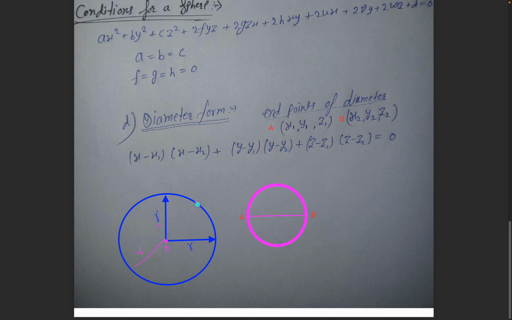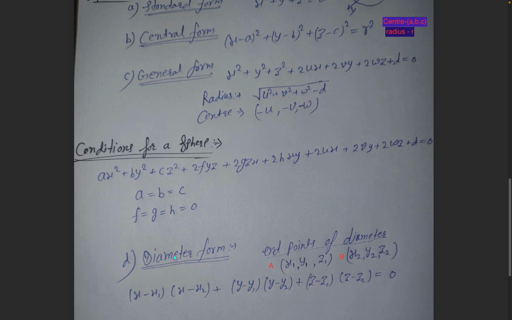This is the fixed point, and the point moves so that its distance from O remains constant, r. This fixed point is called the center of the sphere, and this fixed distance is called the radius.